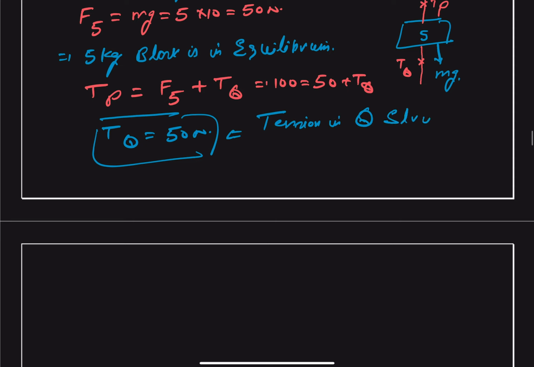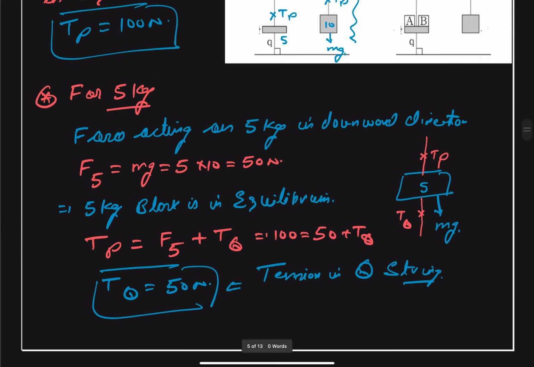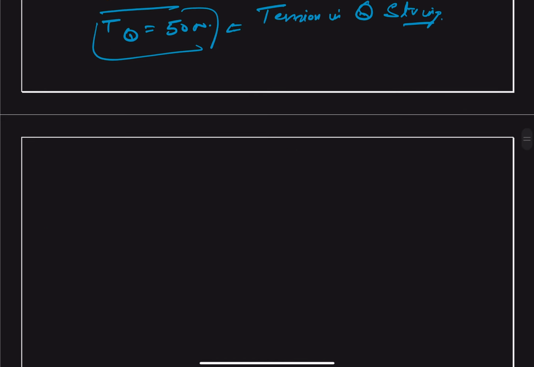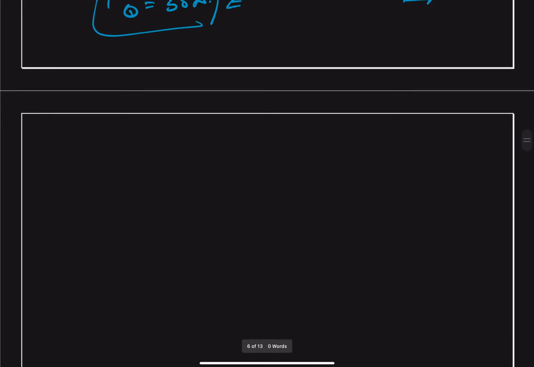Now we made this entire analysis only for figure A. Now we start a similar analysis for figure B. In figure B, for the mass of 10 kg, there is no change. This is the same 10 kg mass.